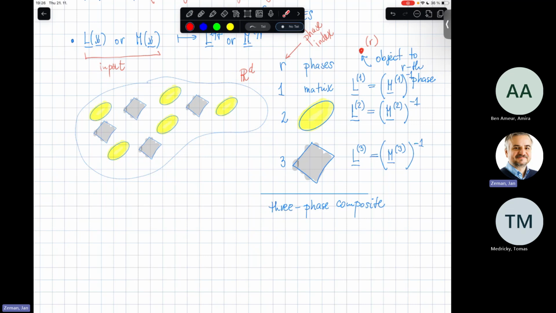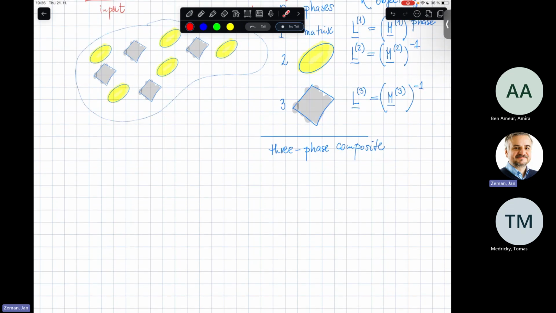And for that shape distribution, I will use something which I will now start to like a lot, which is called the characteristic function of the r-th phase, which I will systematically denote by chi, because of characteristic.